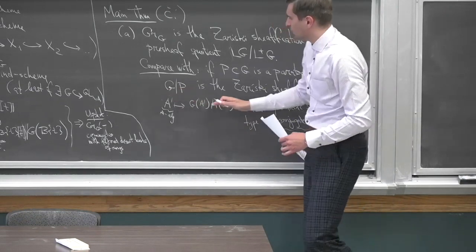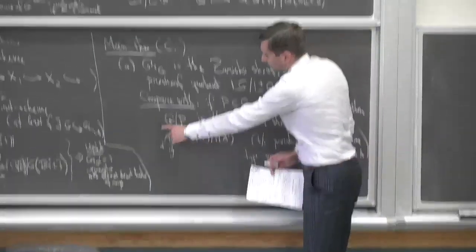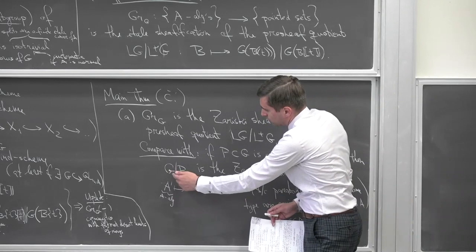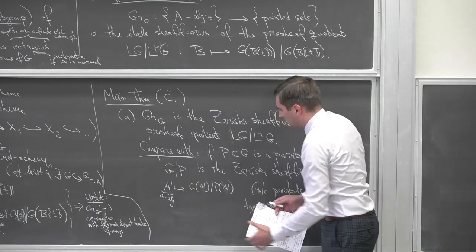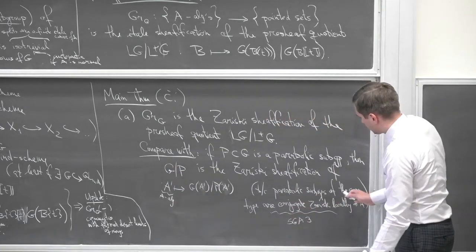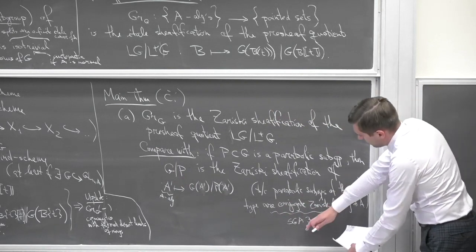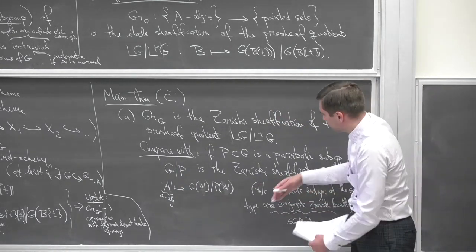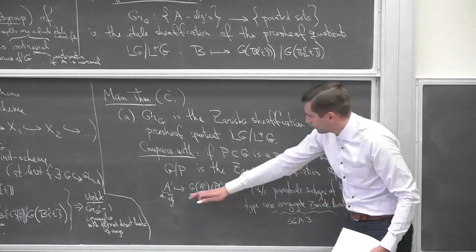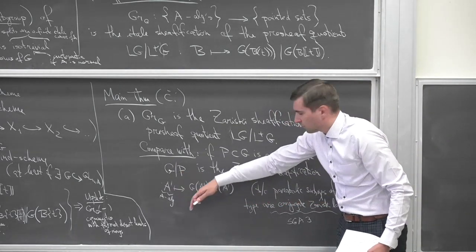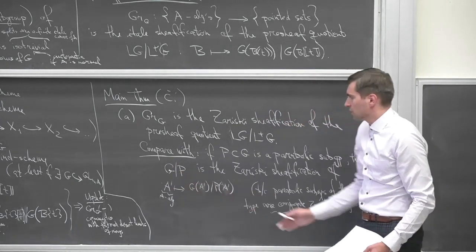This quotient G mod P parameterizes parabolic subgroups of G of the same type as P, and any two such subgroups are conjugate Zariski locally on the base, and so this quotient can then be formed with respect to the Zariski topology.